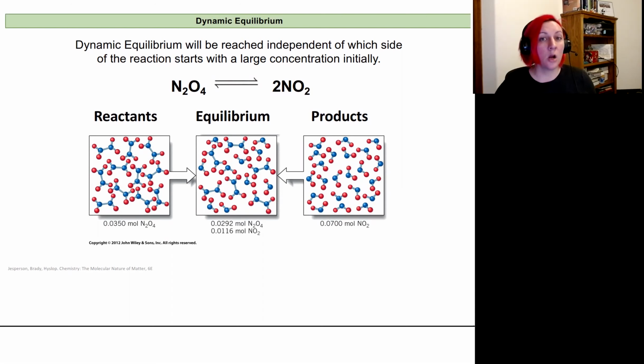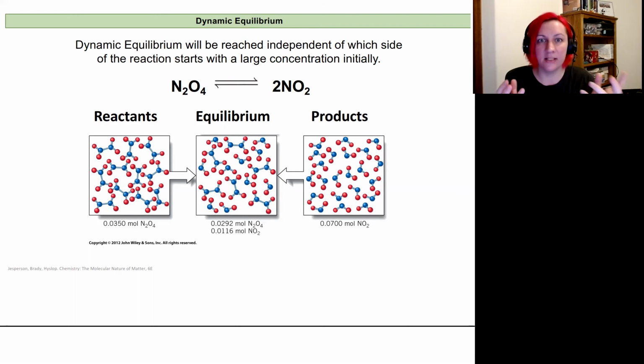So we can start with a flask of N2O4 and we'll reach equilibrium where we have some N2O4 and less NO2. But we can also start with a beaker full of NO2 and it'll combine and form N2O4. And so if we start with that beaker of just NO2, we'll reach the exact same point of equilibrium with the same ratio of N2O4 to NO2.